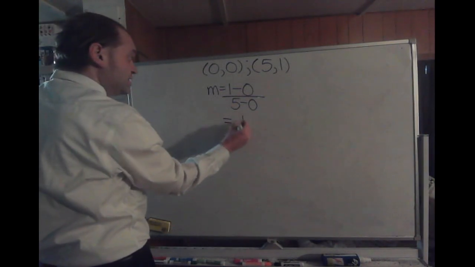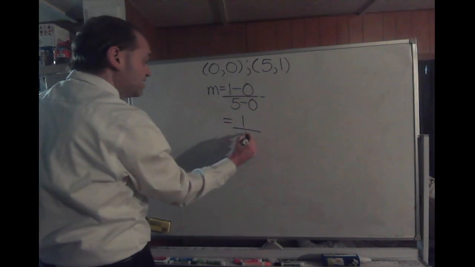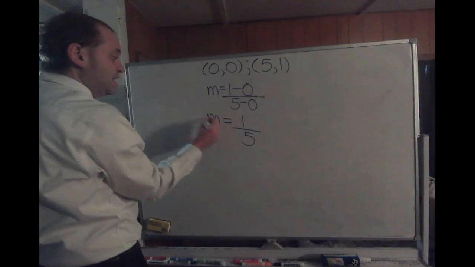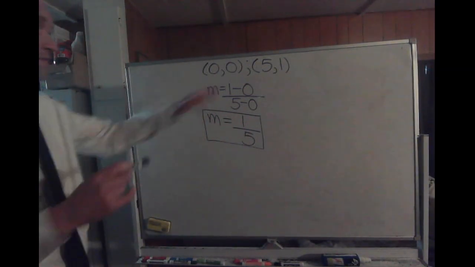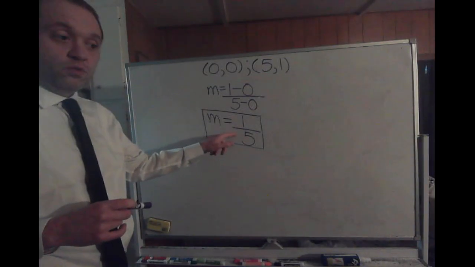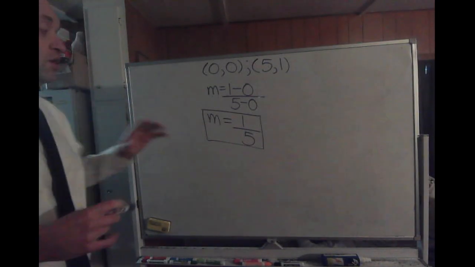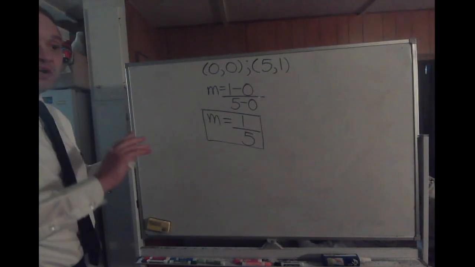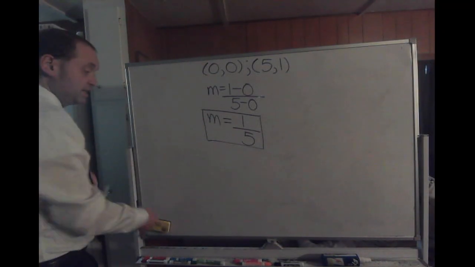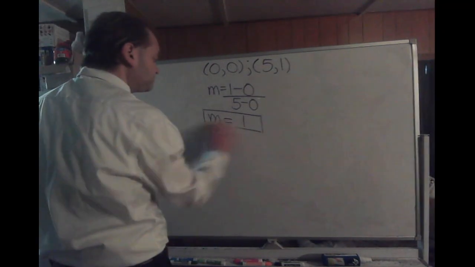Well, that's just going to give you a slope of 1/5, and positive 1/5 at that. So the slope of the line between the origin and 5, 1 would be positive 1/5, which, since it's positive, means the line would rise to the right.